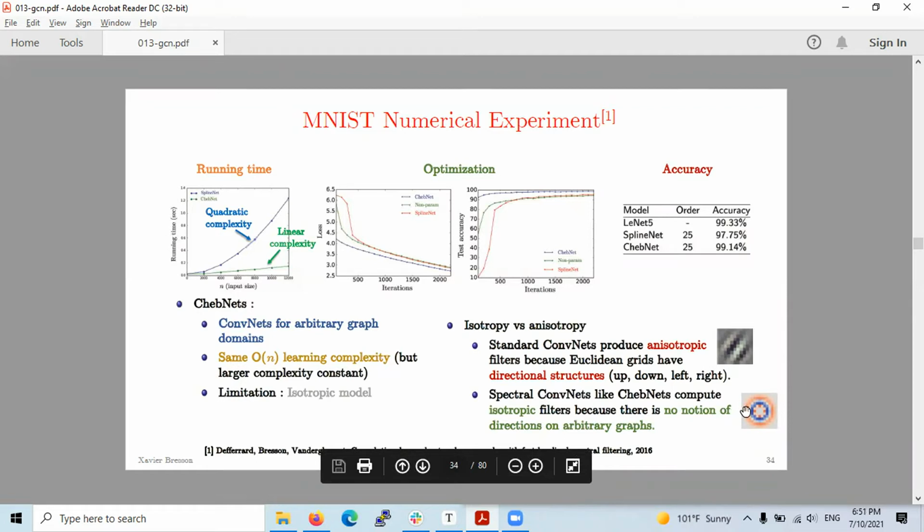That is, there is no notion of directions. So if I start from the center point and move radially out, the way the weights are changing is the same in all directions, whether I move along x or along y or along negative y or negative x. So this is important as we go forward.